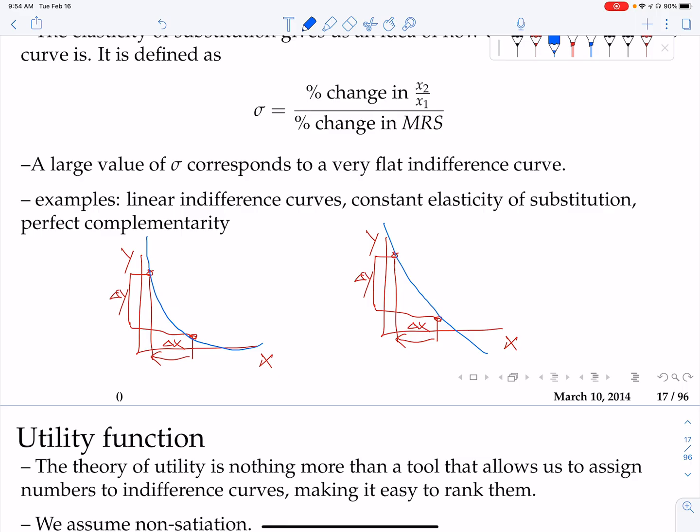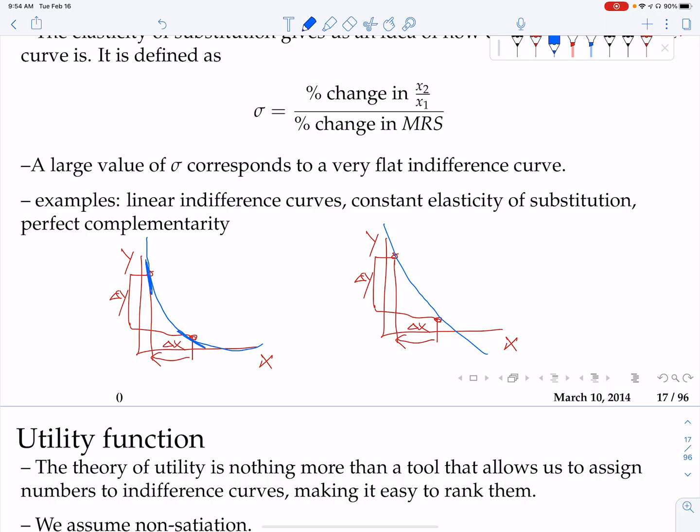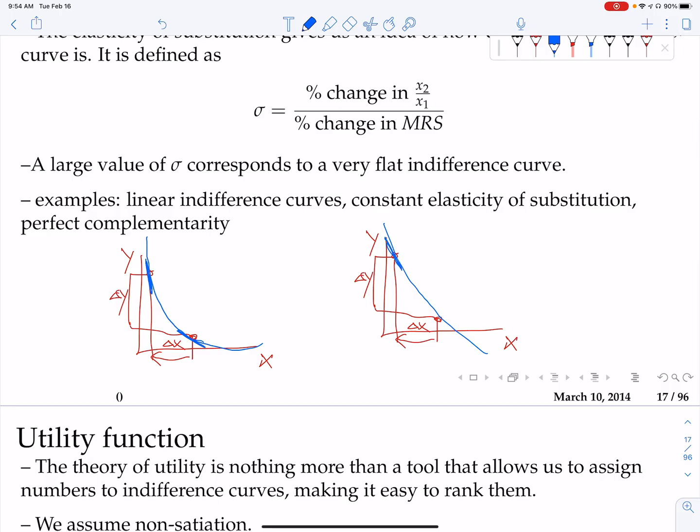One thing you observe is that the MRS changes a lot in the first graph, right? But in the second graph, the MRS doesn't change much, right? So when you change a certain amount of x and a certain amount of y by the same magnitudes, and the MRS change isn't much, then it's a flatter indifference curve. If the MRS changes a lot, then it's a more convex indifference curve, right?